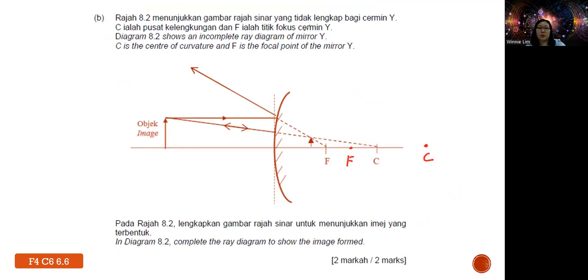Okay, so again, we will assume the object is still in the same position. Now, teacher just redraws. Okay, you strike, then your F is over here. Then your C is where? Okay, you look, where is your intersection point? Somewhere here, right? So it means you will have a bigger one compared to this one. Notice? But of course, compared to the object, this image is still called diminished.